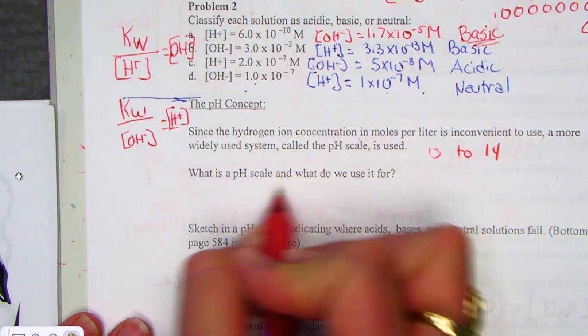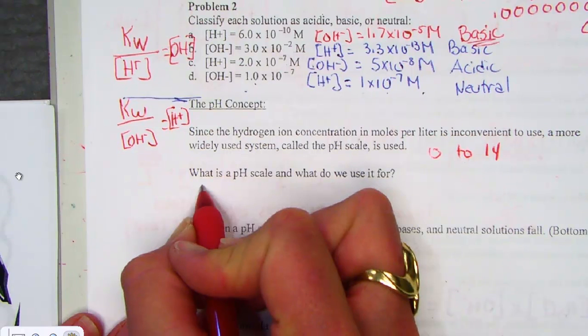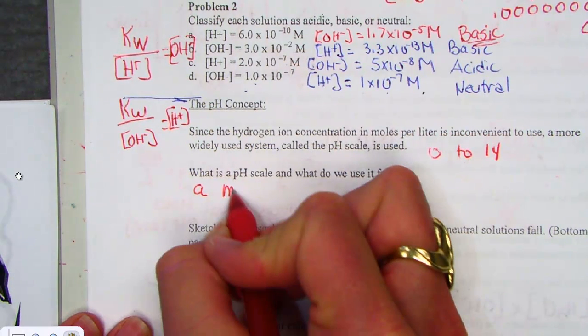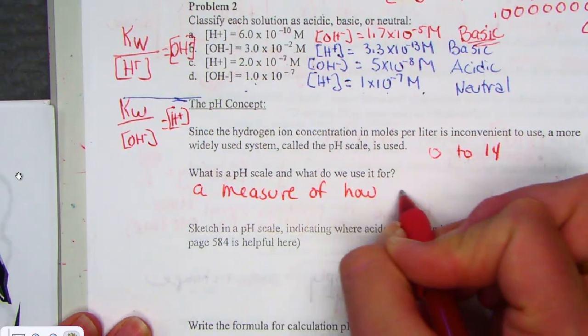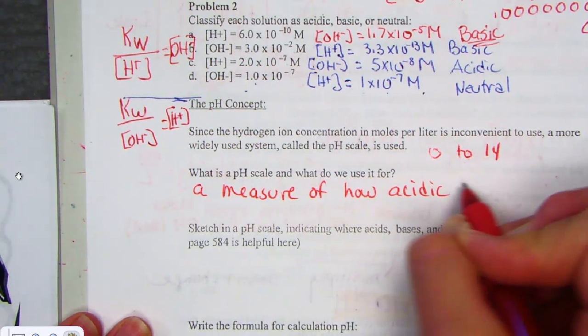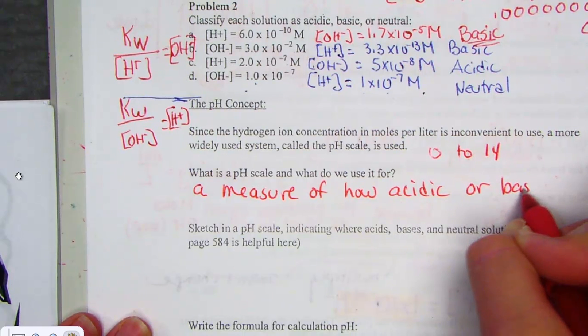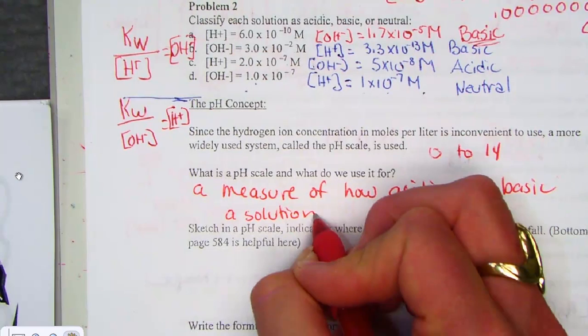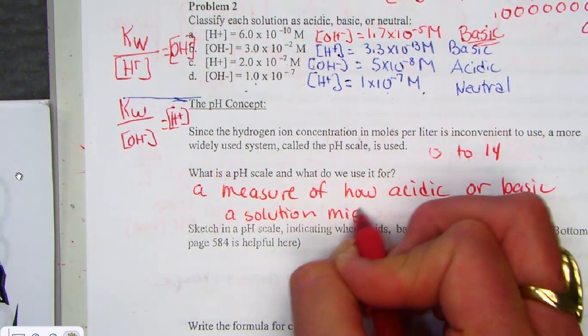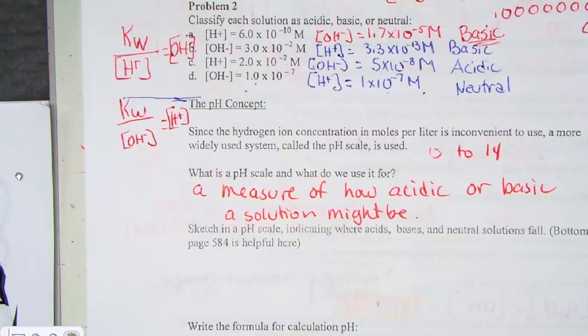So the pH scale is simply a numbering system. It's a measure of how acidic or basic a solution might be. It's a numbering system from 0 to 14.